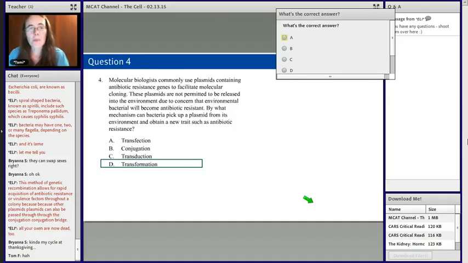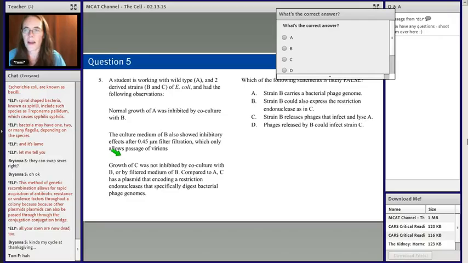Transfection is putting a plasmid into a eukaryotic cell. We didn't talk about transfection, but that is into a eukaryotic cell. Conjugation, remember, you have to have that F plasmid, that's sexual reproduction between them. And then transduction is looking at the bacteriophage.